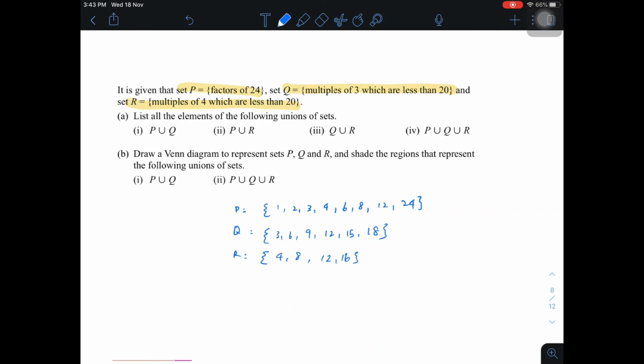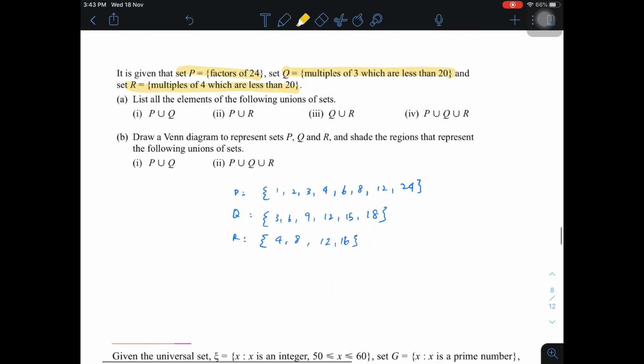So we want the union of P and Q. When we talk about union, we want to combine everything together. So for intersection, we want to find the similarities, but for union, we want to combine everything together. So basically, P union Q would be this and this.